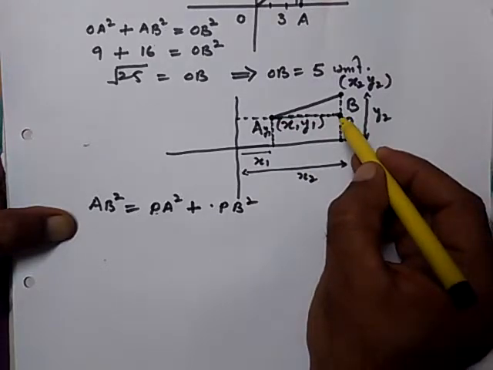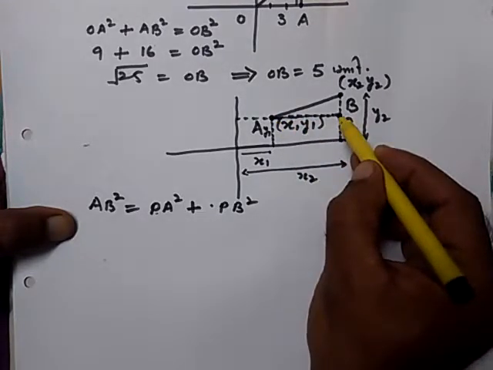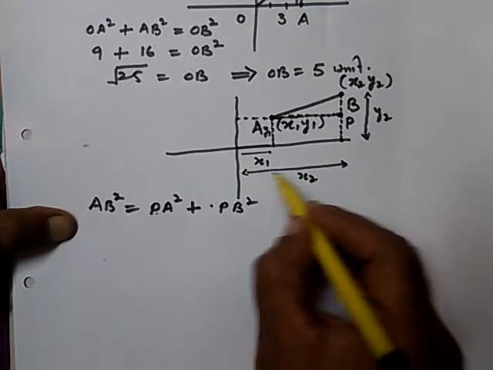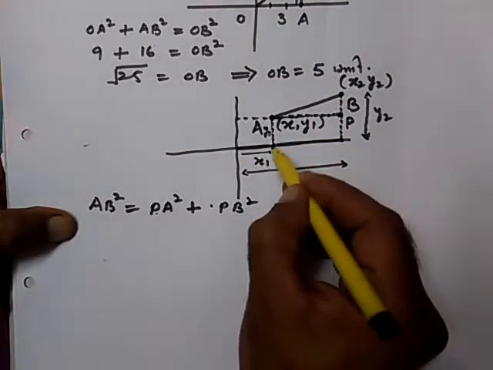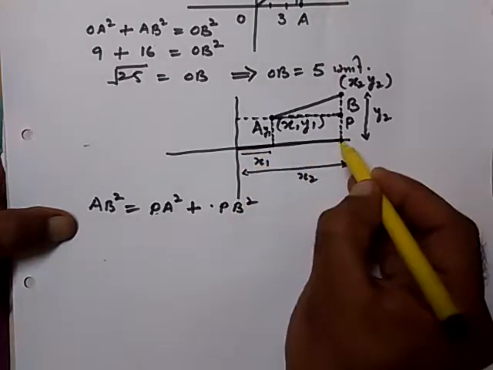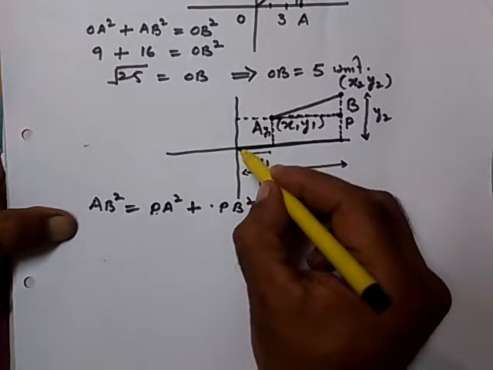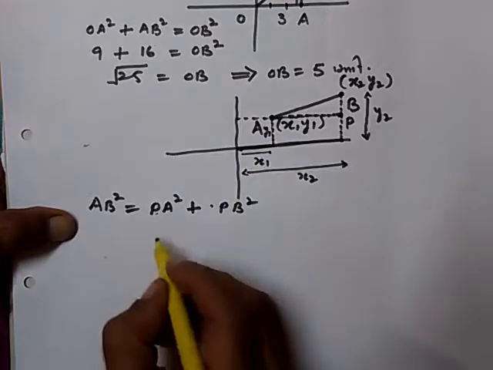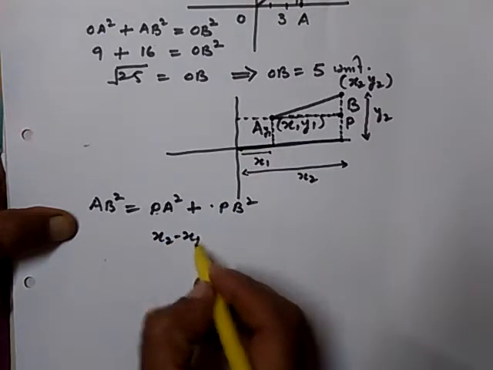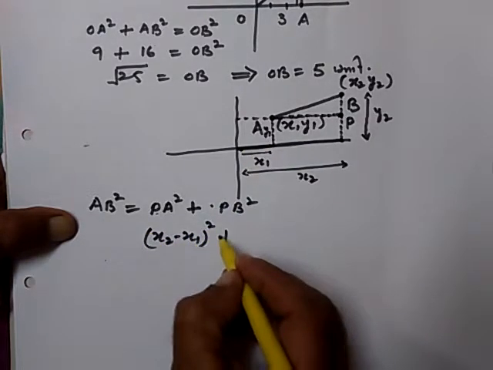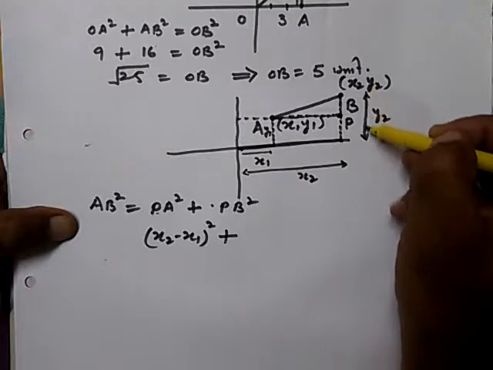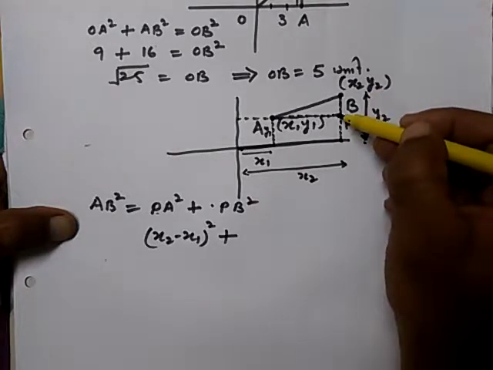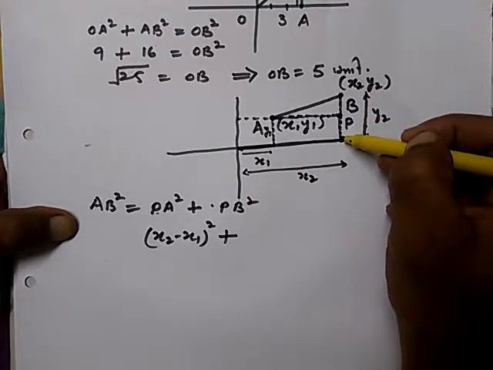Now what is this distance? This distance is x2 minus x1. Is it clear? You will write x2 minus x1 whole square plus, what is this distance PB? This is the total distance y2 minus this distance y1.